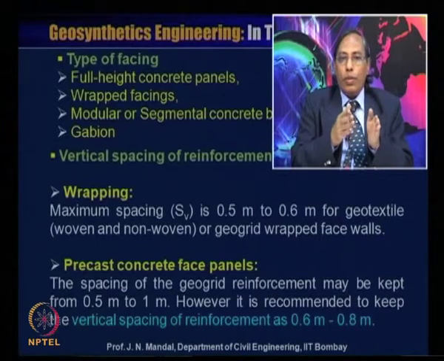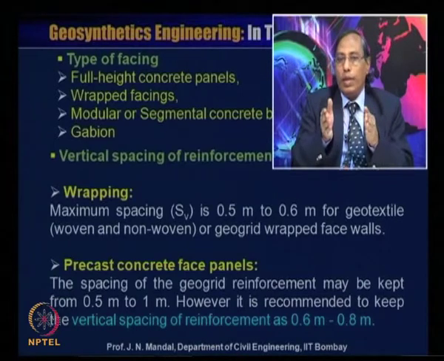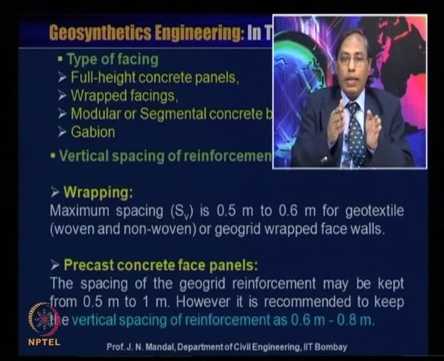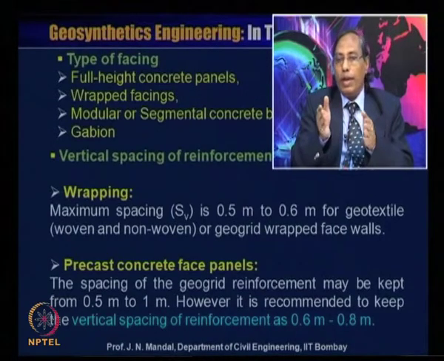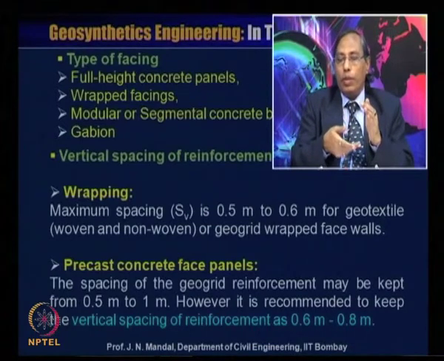Now, for a precast concrete face panel, the spacing of the geogrid reinforcement may be kept from 0.5 to 1 meter. However, it is recommended to keep the vertical spacing of the reinforcement as 0.6 meter to 0.8 meter. Of course, it depends upon the thickness of the modular block, or the height of the modular block, or the height of the panel.